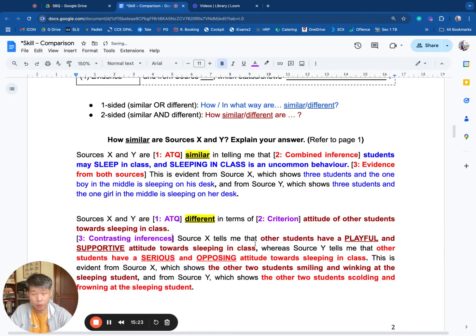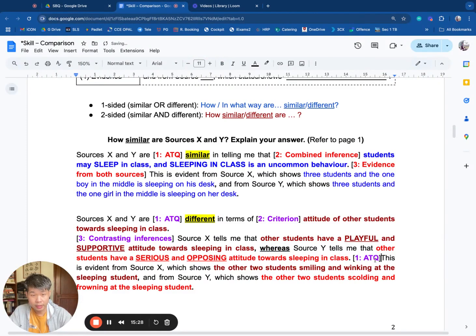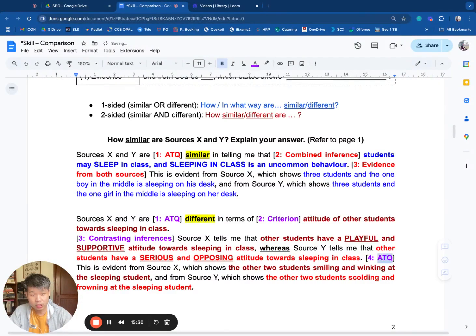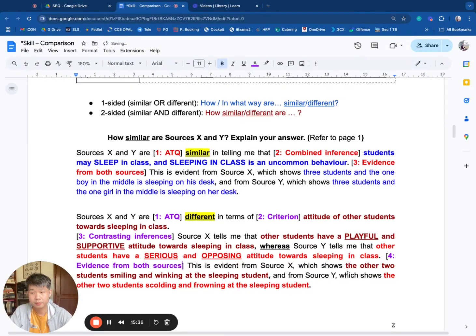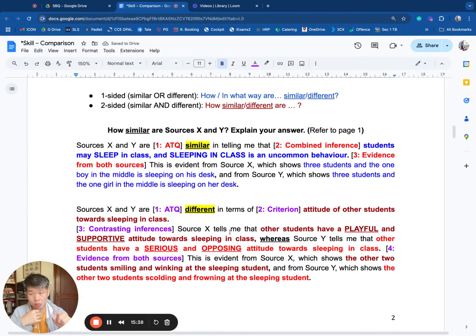X says something, whereas Y says something else. And the fourth step is evidence. And evidence must come from both sources. So you can use this now to draw curly brackets and draw arrows and label the steps.